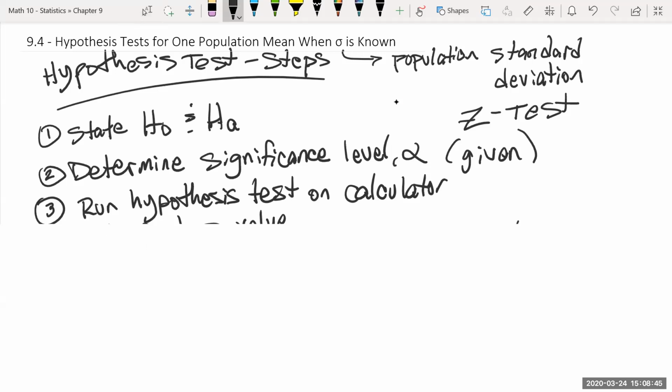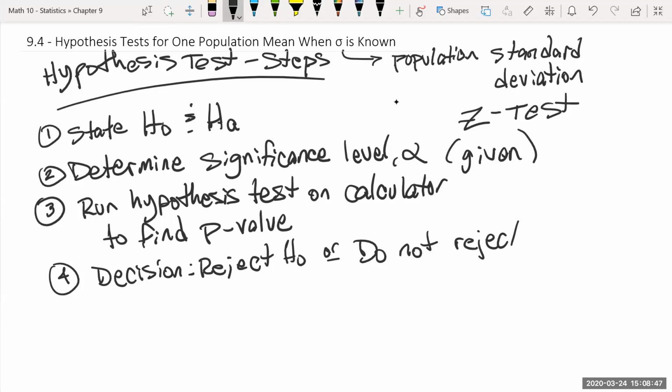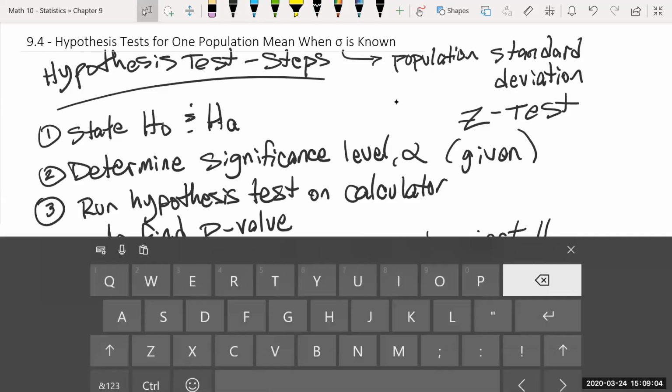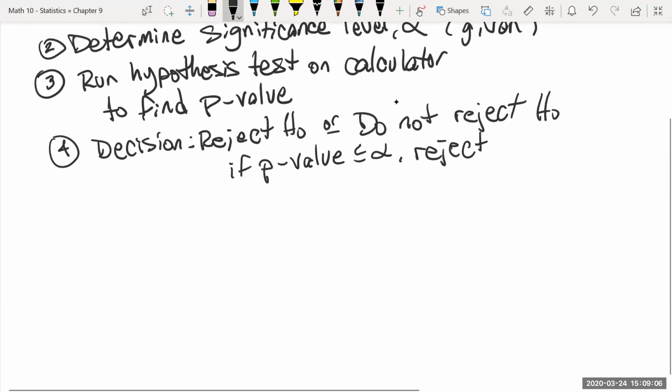And remember, that's based on the p-value. If the p-value is less than or equal to alpha, we reject the null hypothesis. If it's not less, we don't reject the null hypothesis.